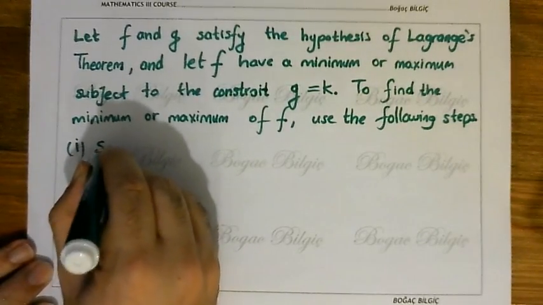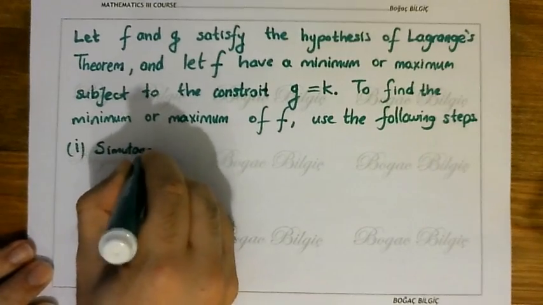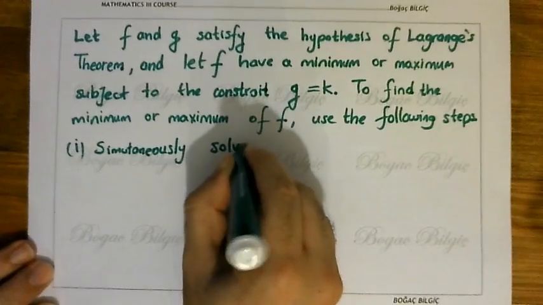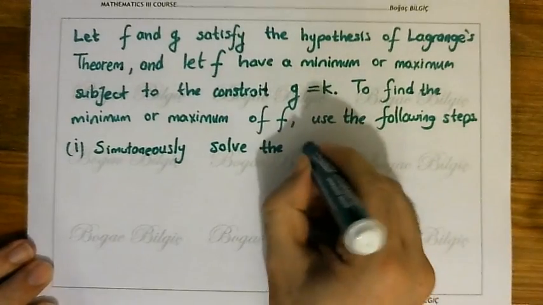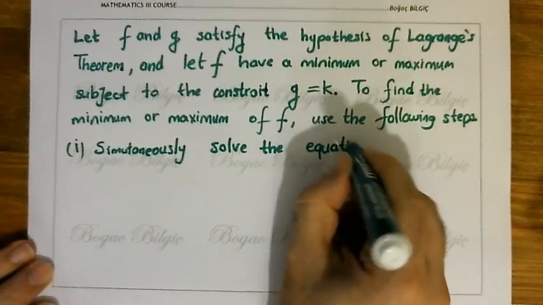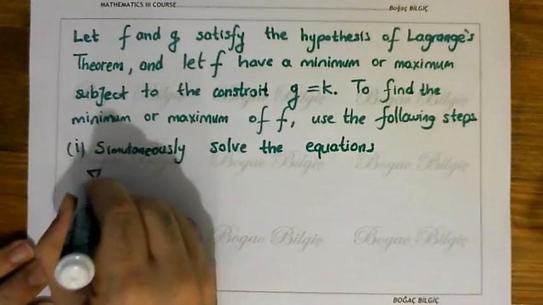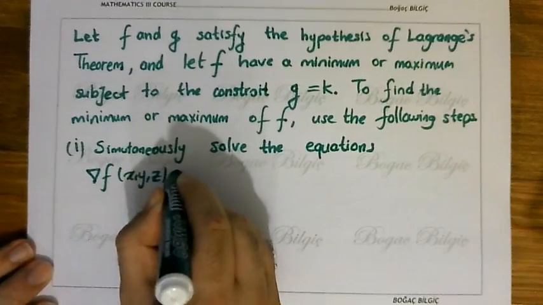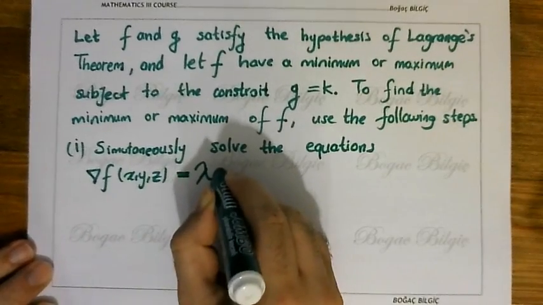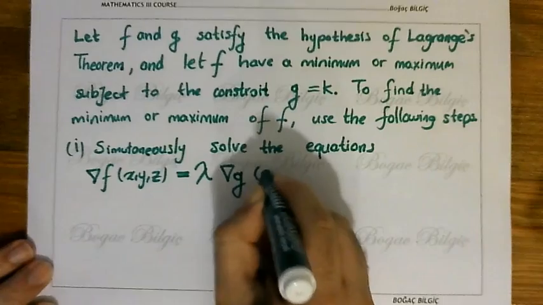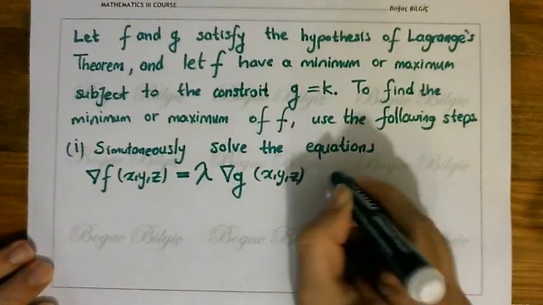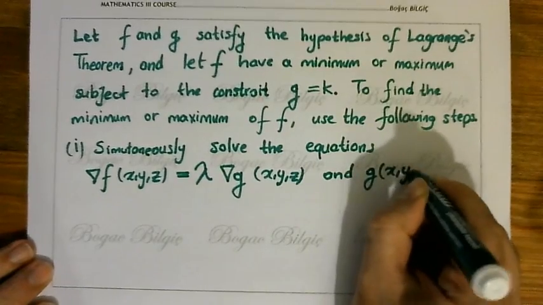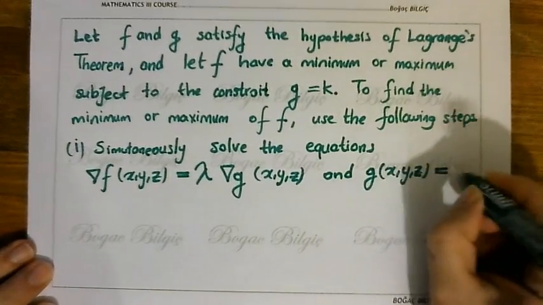Simultaneously solve the equations grad f(x, y, z) = lambda grad g(x, y, z), and g = k.